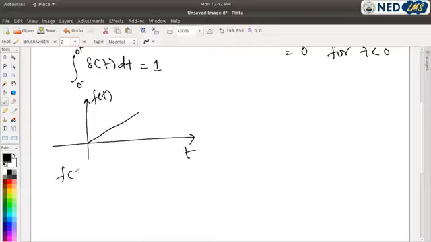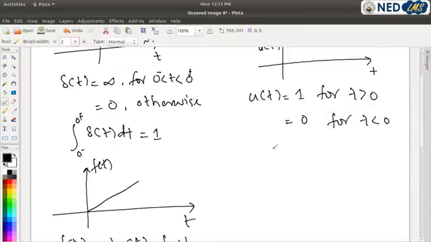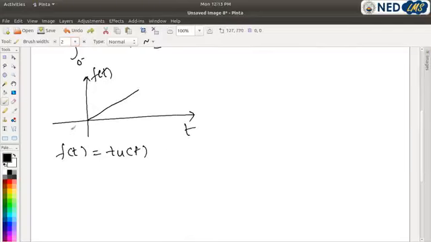Mathematically, I can write it as t u of t, for t greater than 0 and 0 for t less than 0.